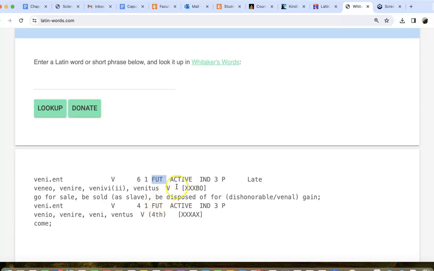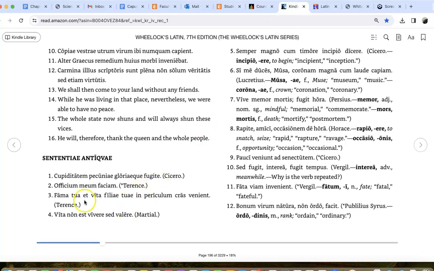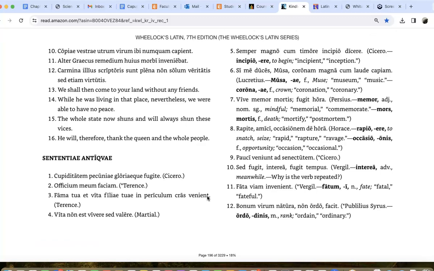Whitaker's Words gives us a lot of information, but it doesn't really give us context. But in this case, it is future tense. Again, take a look at the endings in the beginning of the chapter that describe this E as the key vowel indicating future. But then we have NT, which means they. So that is the third person plural.